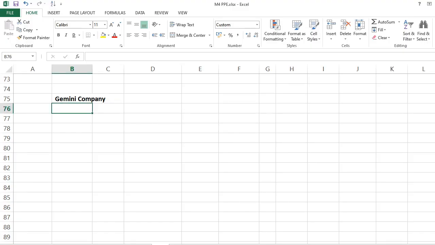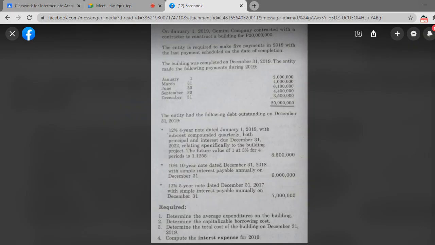Let's start with the January 1 and that is the 2 million. So, 12 over 12 yon. Itong building ba to? Isang taon lang? I think isang taon lang. Ang galing ng mga kontraktor na to. And for March 31, we have 4 million.